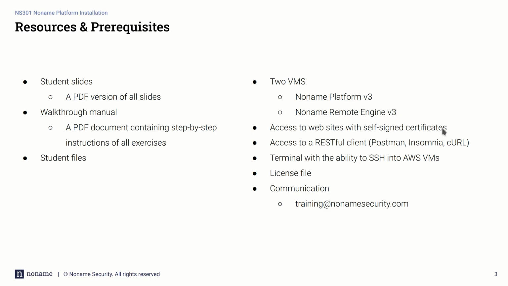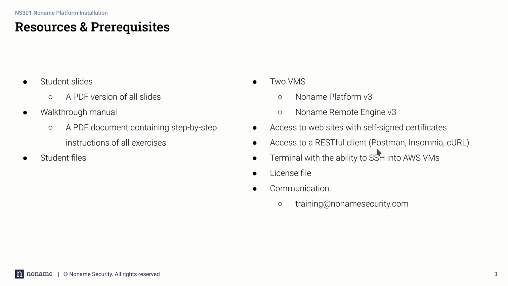After all, the no-name platform comes packaged with a self-signed certificate. So if your computer cannot access it because of your corporate setup, then you're not going to be able to access the no-name platform, and you're not going to be able to complete the exercises. Okay. You need access to a RESTful client: Postman, Insomnia, curl.